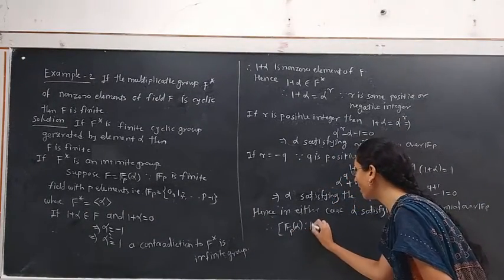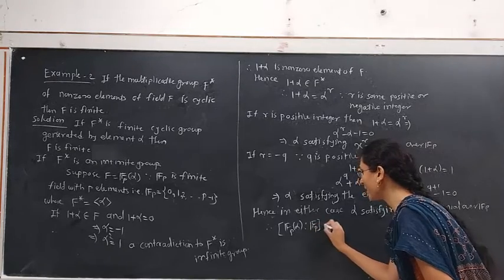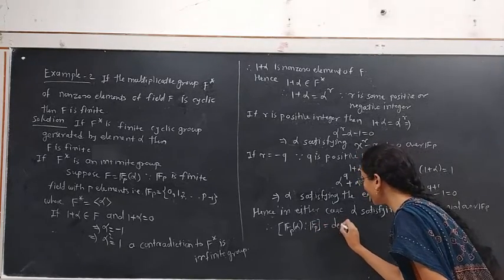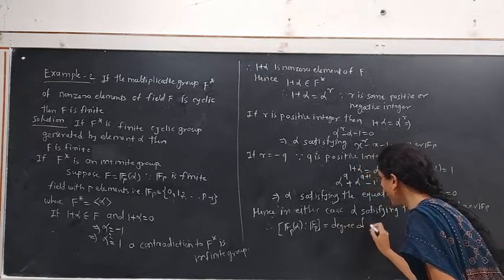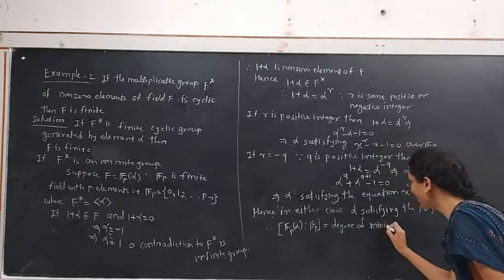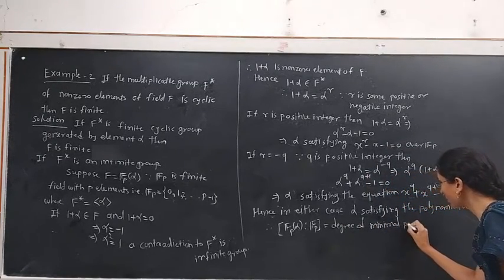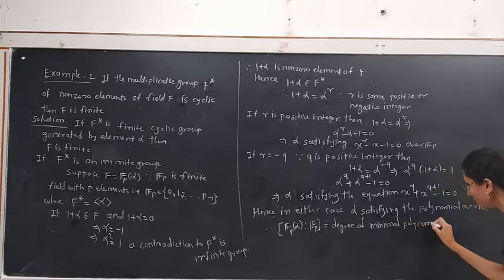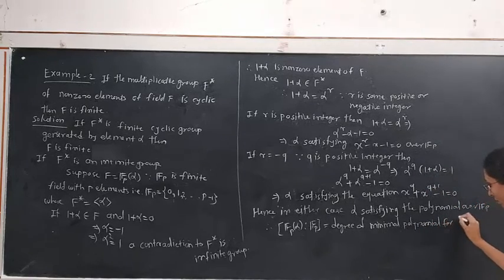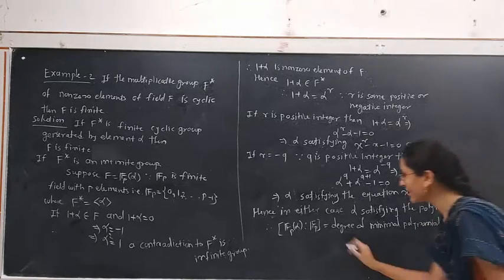Therefore, the degree of the extension F joining alpha, because F is an extension of Fp, Fp joining alpha over Fp, is equal to the degree of the minimal polynomial for alpha. Suppose this degree is r.